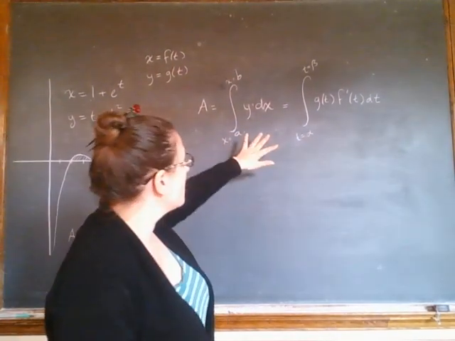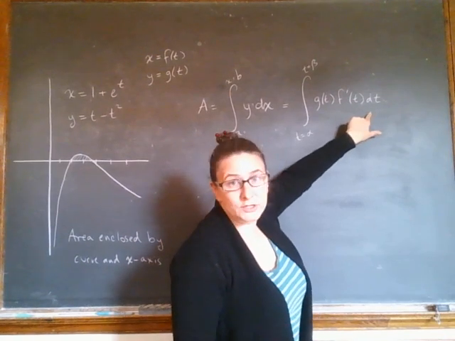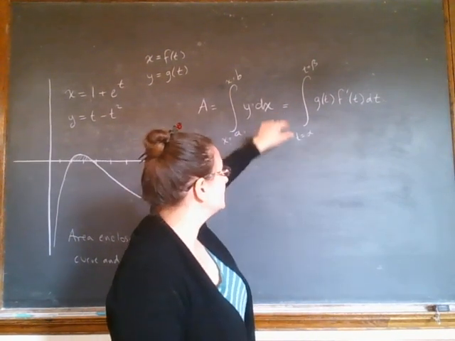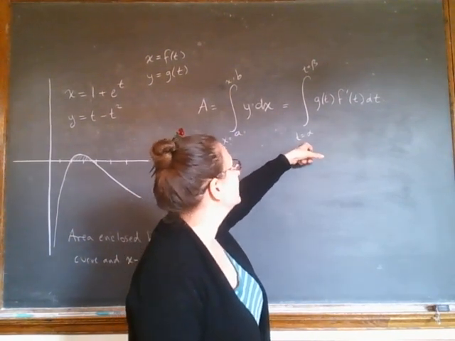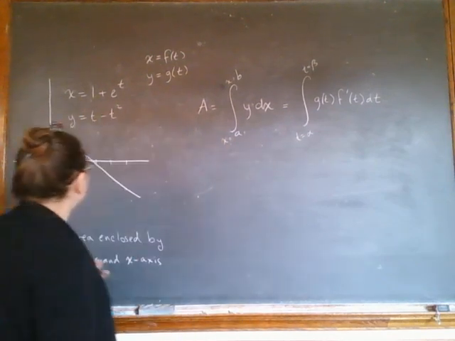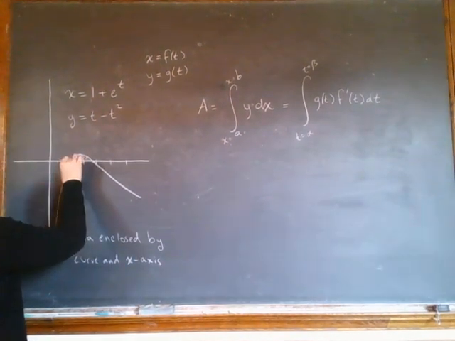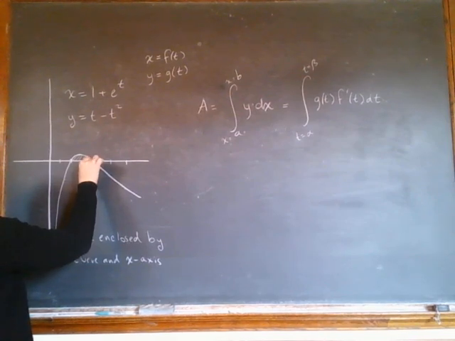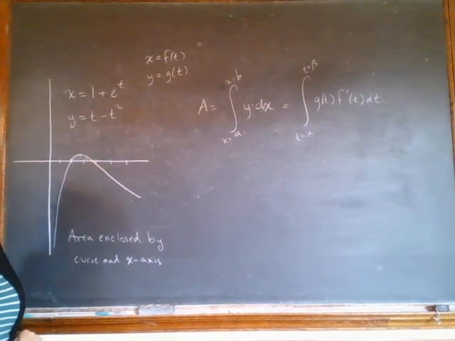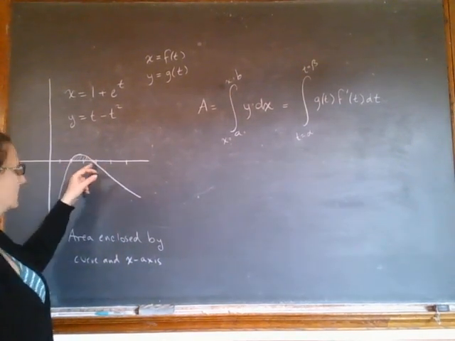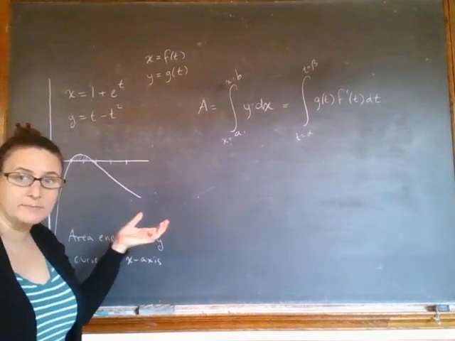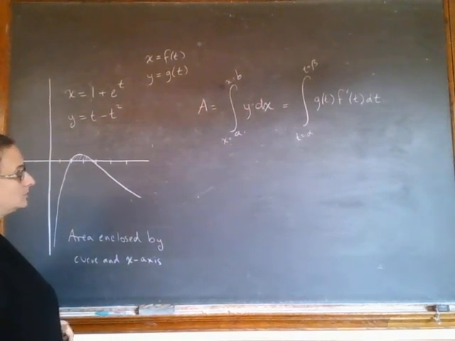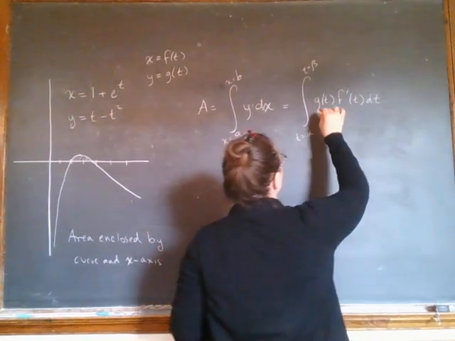Now the variable of integration is t, the limits are in t, but what are the limits? They have to be the same points, so you need to know what point this and that stand for in terms of t. Looking at it, that's 2 and that's almost 4, fine, but we have to figure it out in terms of t. And then we just plug it in and go.